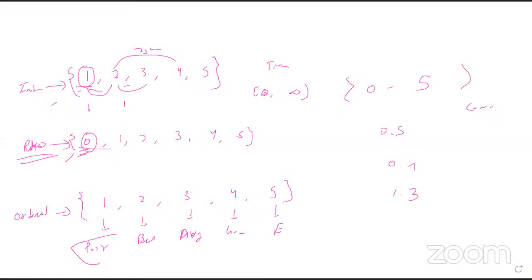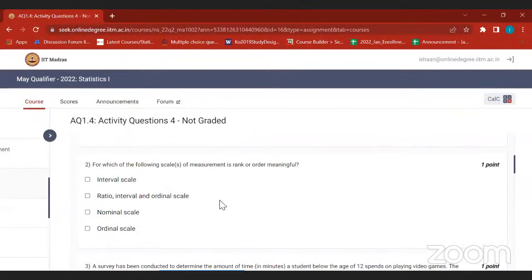Is it possible that all three can be together? Interval, ratio, and ordinal? No, not possible. Only one of them will be. Sir, even in activity 1.4, question number 2, it says ratio, interval, and ordinal are also correct. Rank or order is meaningful. So rank or order is meaningful in all three, right?